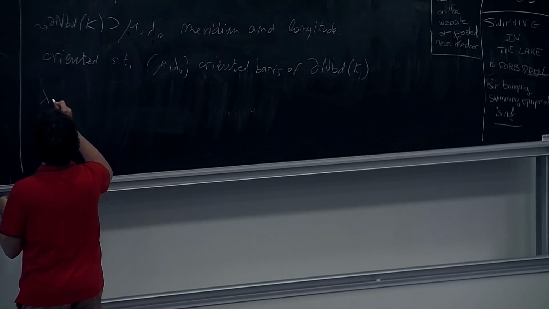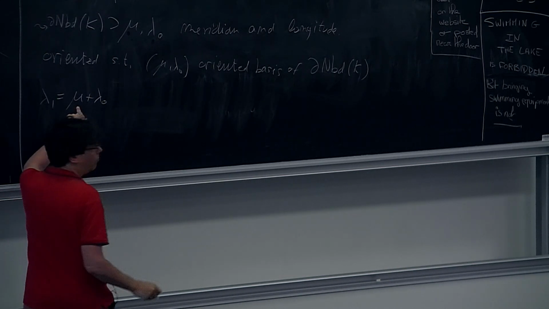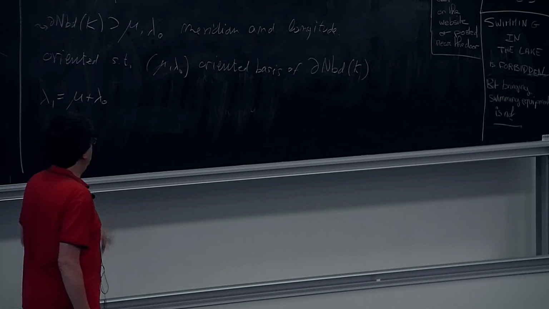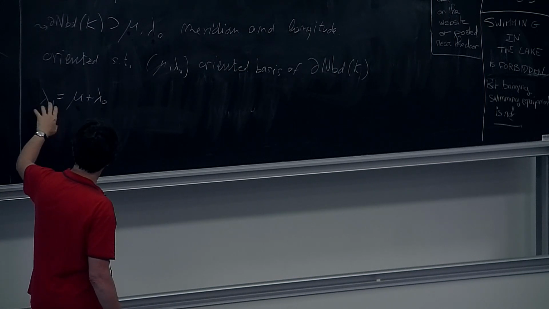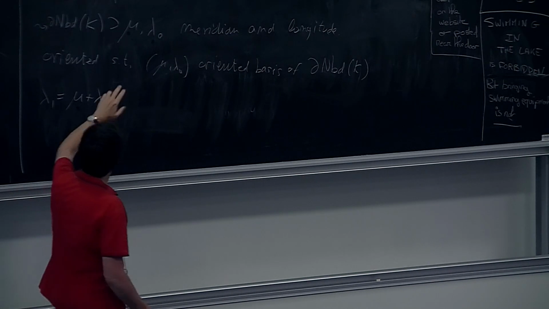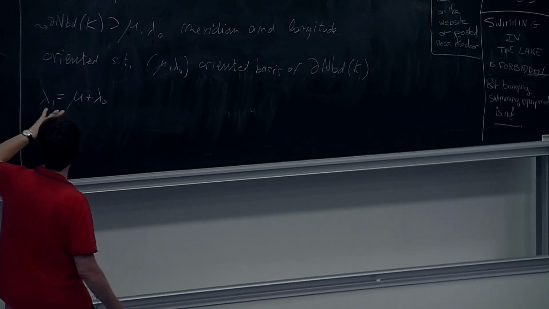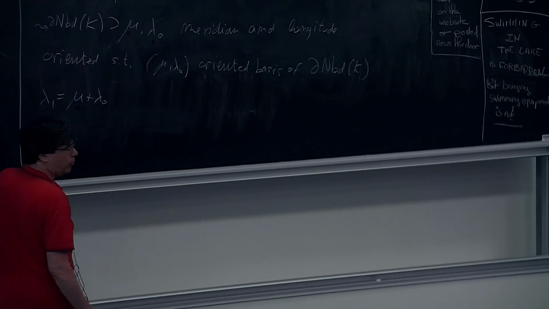Then we define lambda 1 as lambda 0 plus mu, which means that lambda 1 will be another curve in the boundary of the solid torus, such that its homology class will be the homology class of mu plus the homology class of lambda 0.